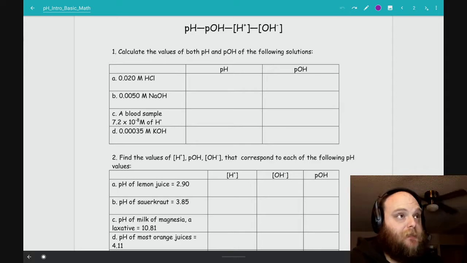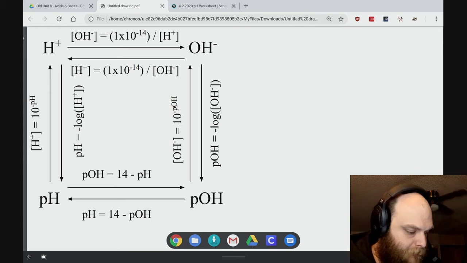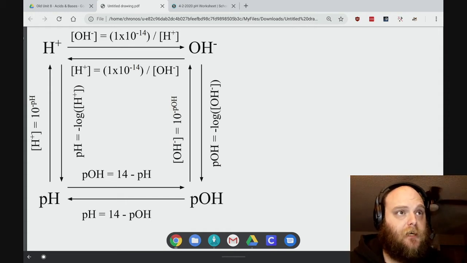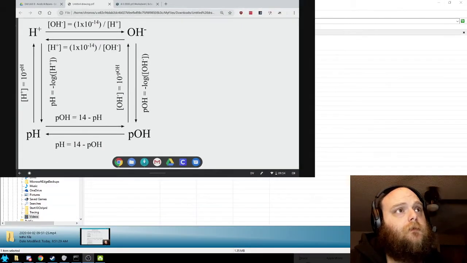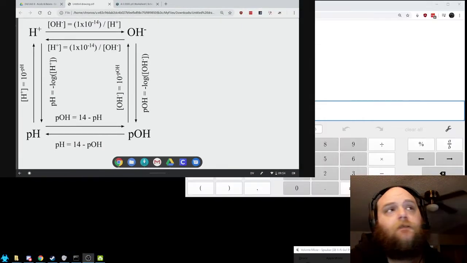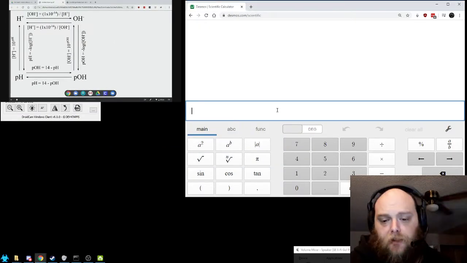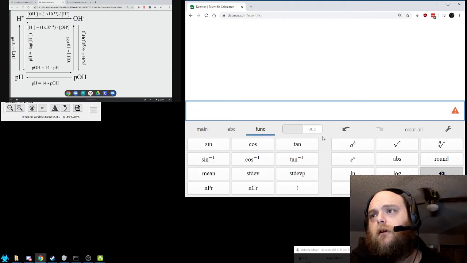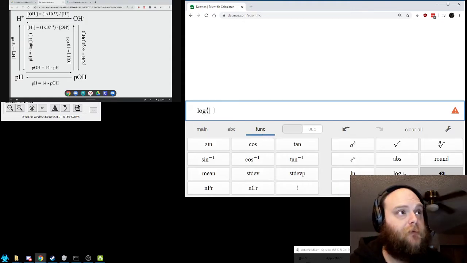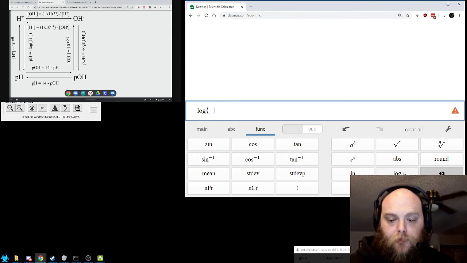So now it's really just as simple as going back to the little square and typing in the negative log of the H plus ion concentration. Let's minimize this window and we get Desmos here. So the negative log, where's the function for log? Negative log of the H plus ion concentration. In this case, it was 0.02.